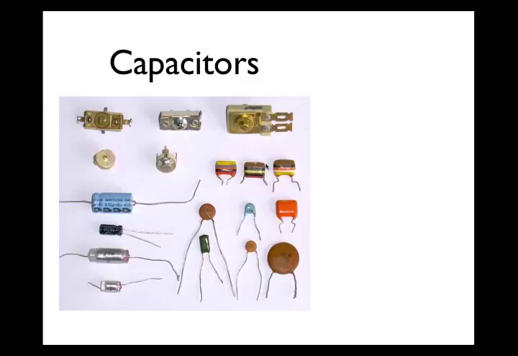These are in fact all types of capacitors torn out of various devices, and they all have one thing in common: each one has two wires or two leads connected to it in some fashion, though I guess with these at the top, it's not so obvious where those two connections are. And a capacitor is a device that stores electrical charge, and therefore stores electrical energy.